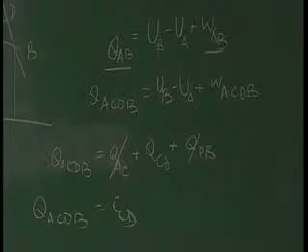This shows that the heat transfer during process ACDB is the same as the heat transfer during process AB. The work done during ACDB and the work done during process AB are the same, and therefore the two processes would be identical, and we can say that process ACDB would replace the process AB.